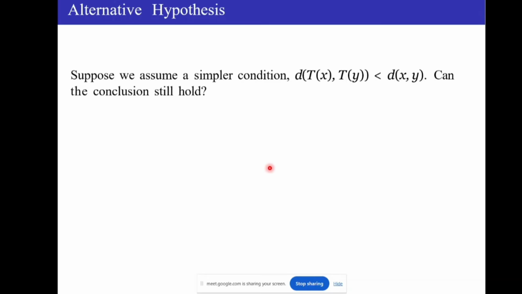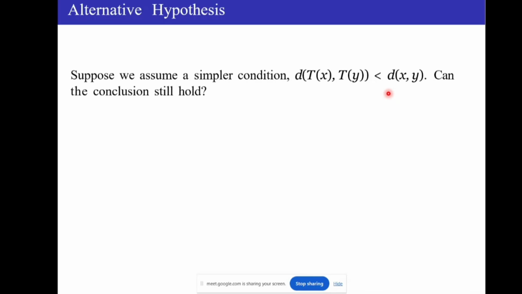That means the distance between T of x and T of y is simply less than the distance between x, y. Note that this is different from the earlier case. In the earlier case we had allowed C equal to 1, and so the distance between T of x and T of y would be equal to the distance between x, y. Here we are assuming a better condition, but this better condition is not as strong as the contraction. So I am assuming that the distance between T of x, T of y is strictly less than the distance between x, y.